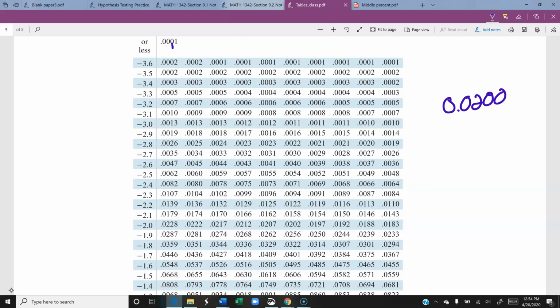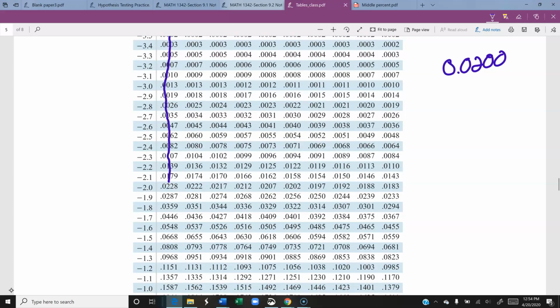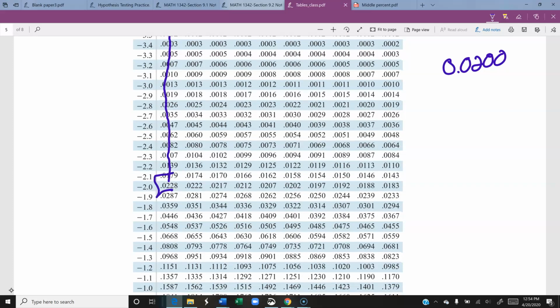So if you start here at the top, you'll notice 0.0, 0.1s. Okay, right here it changes from a 0.01 to a 0.02. So then I've kind of followed this over, and you'll notice that 0.0200 is between these two values.